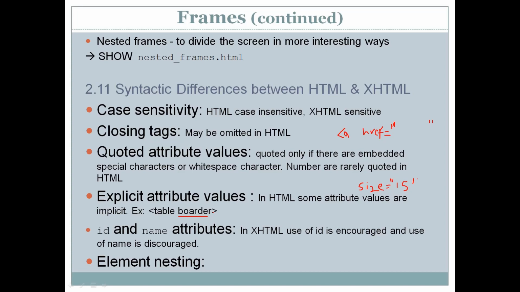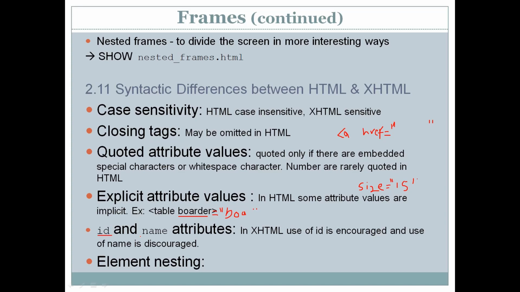In HTML, the value is automatically considered, border is equal to border. But in XHTML, you have to specifically write the value. You have to write border is equal to the size of a border, maybe 5 pixel, 10 pixel, or you can even specify in double quotes border is equal to border, when you want to have a border for a table.